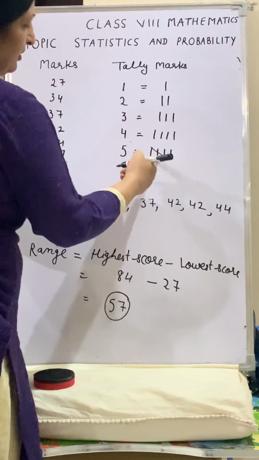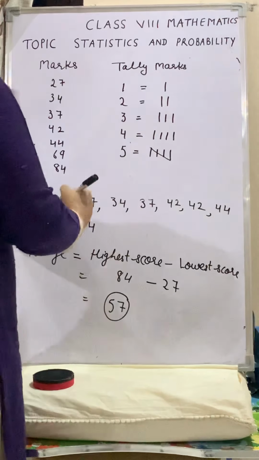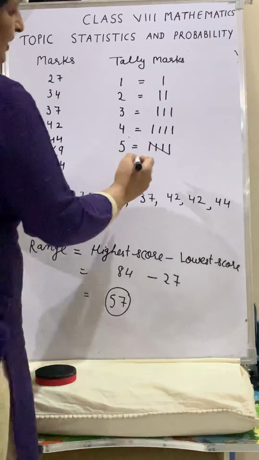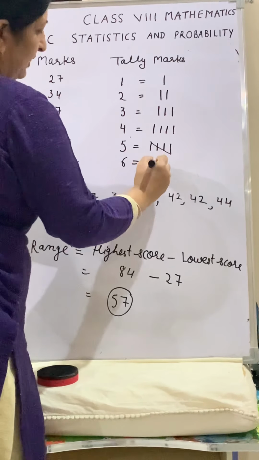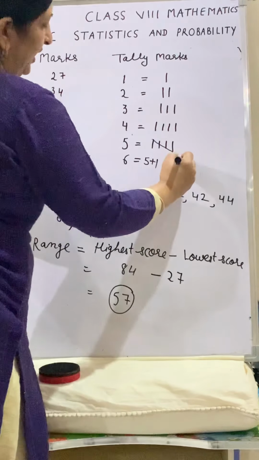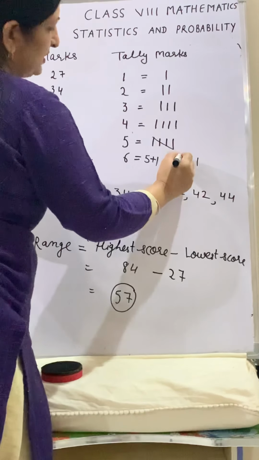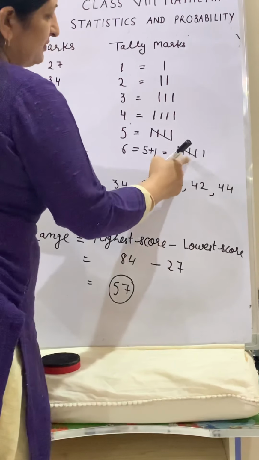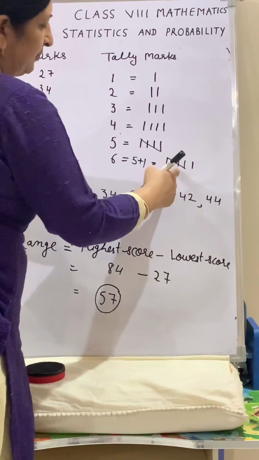It represents 5. If we write 6, then we write 5 plus 1: the crossed group and then one more stroke.